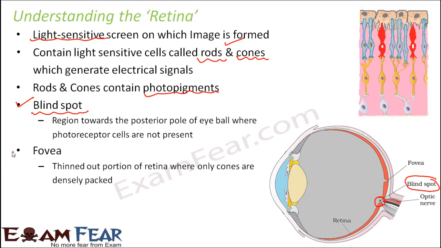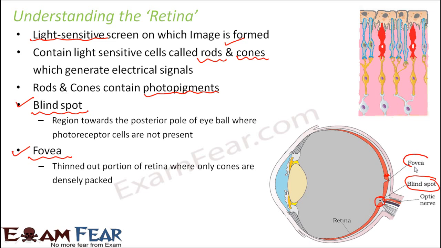There is another portion called the fovea, which is a thinned out portion of the retina where only cones are present and rods are not present. Here, you see it is a thinned out portion of the retina. Everywhere else the retina is this thick, but here it is extremely thinned out, and this thinning is due to the high density of cones and no presence of rods.